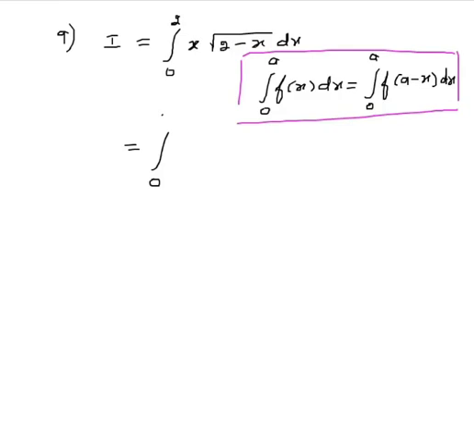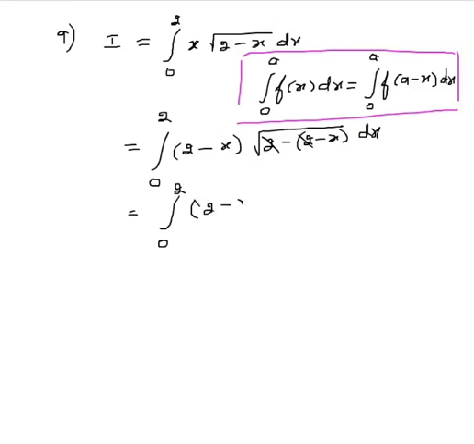Integral 0 to 2, a here is 2. So replace x by a minus x, which is 2 minus x. 2 minus of 2 minus x dx. Integral 0 to 2, 2 minus x and root x dx.